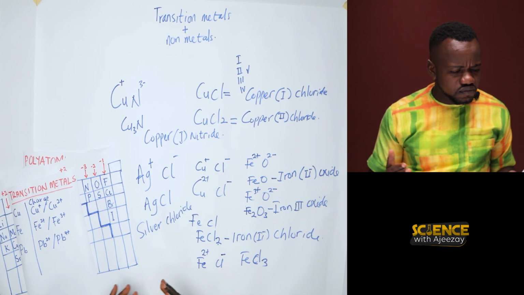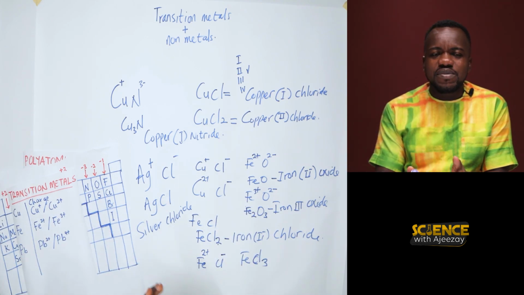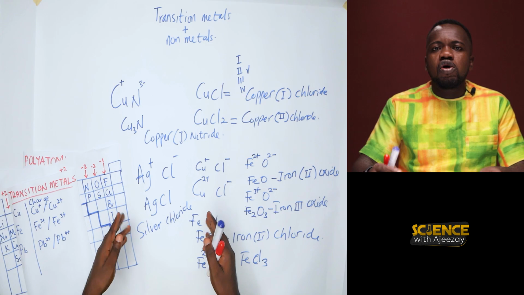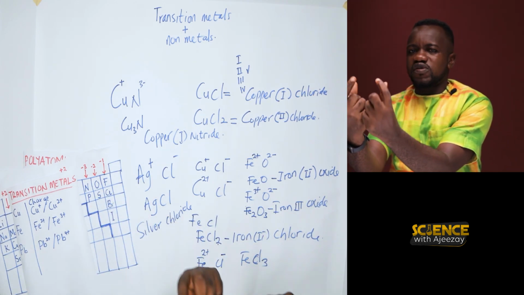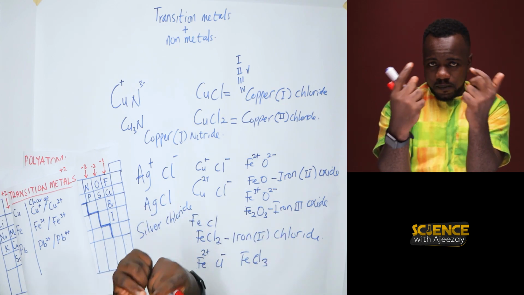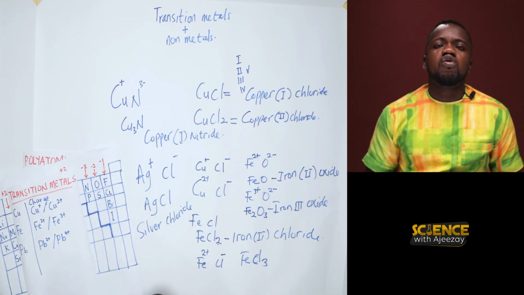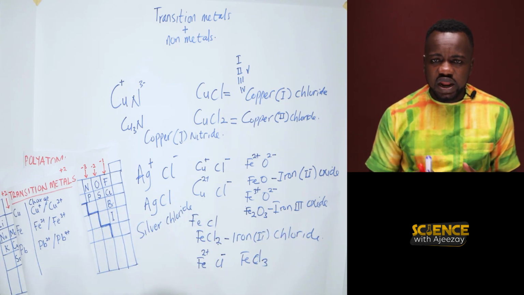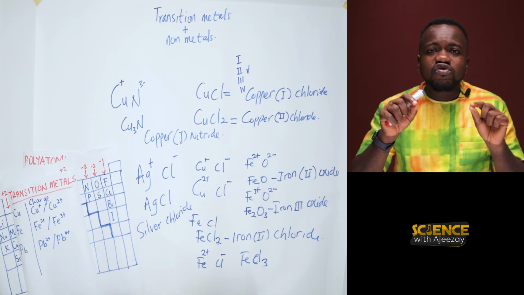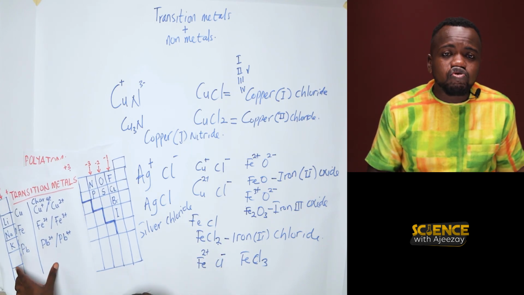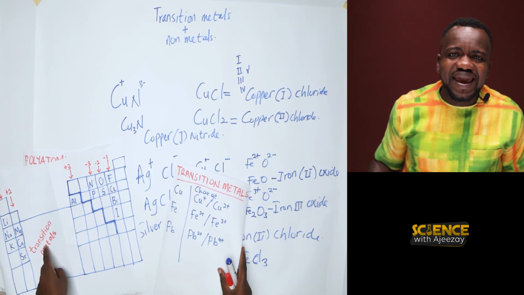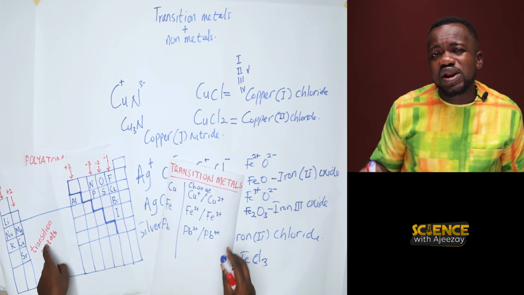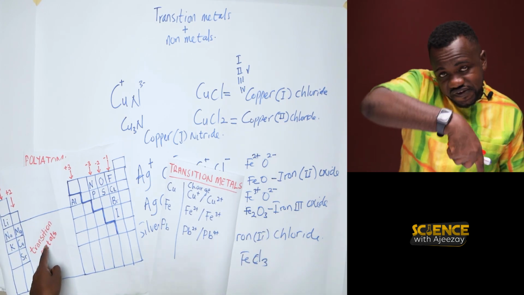So take note of this, and take note that once you are naming, you will have to show the ion that the transition metal is combining with the non-metal in brackets as the Roman numeral. I believe it's been clear. Without further ado, let us continue to look at how to name polyatomic compounds or polyatomic ions with a transition metal.